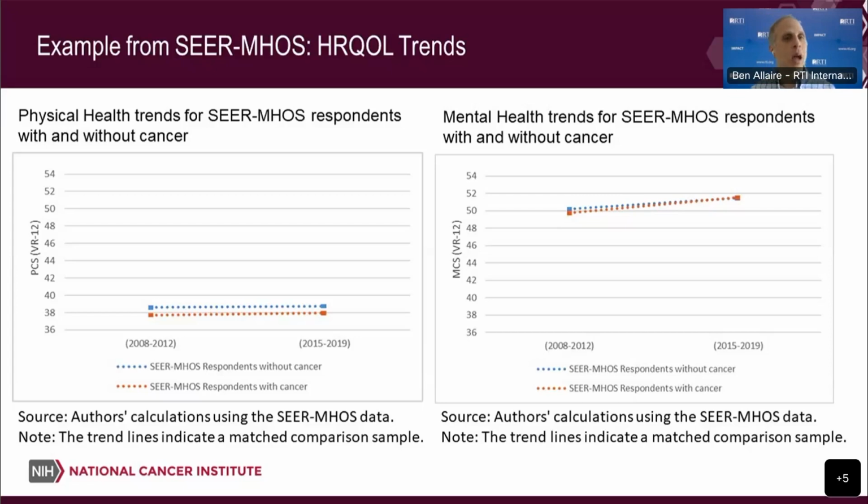We can hypothesize about what reasons there are for that, but it still remains that from the earlier period versus the recent period, cancer patients from a mental health perspective have improved relative to their other cohort without cancer. Next slide, please.